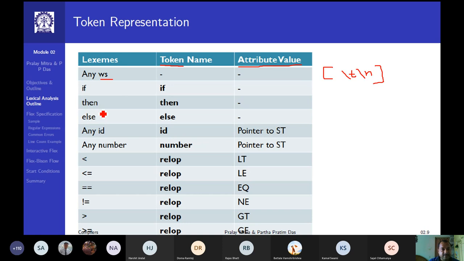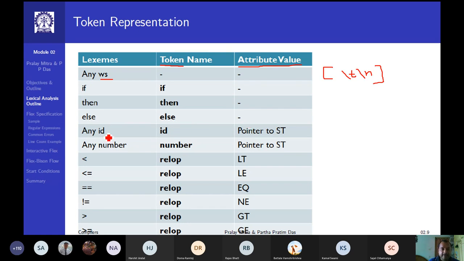THEN is my lexeme. When you are doing the scanning or lexical analysis and reading THEN, you flag that its token name or token class is THEN, and the attribute value is again null, or not required. ELSE, token name is ELSE, attribute value nothing.